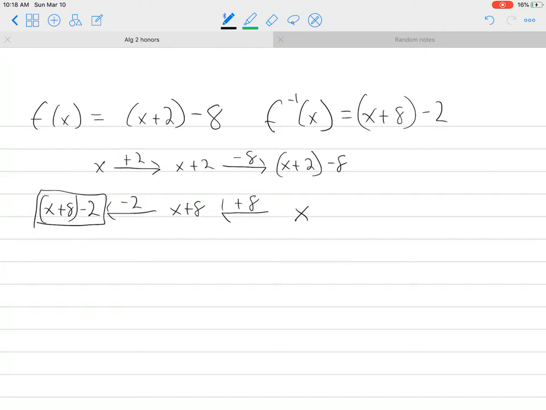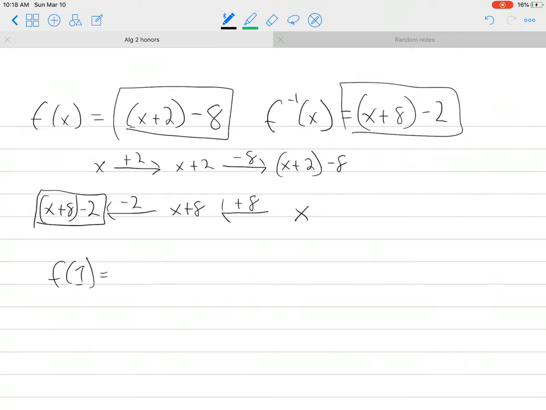You should be able to plug pretty much any number into both the f of x and the inverse of f of x. No matter what you plug in, you should get an even number answer. So I'm just going to pick a simple number, let's say 1. I'm going to find f of 1. So I end up with 1 plus 2 minus 8, which gives me 3 minus 8, which gives me negative 5.